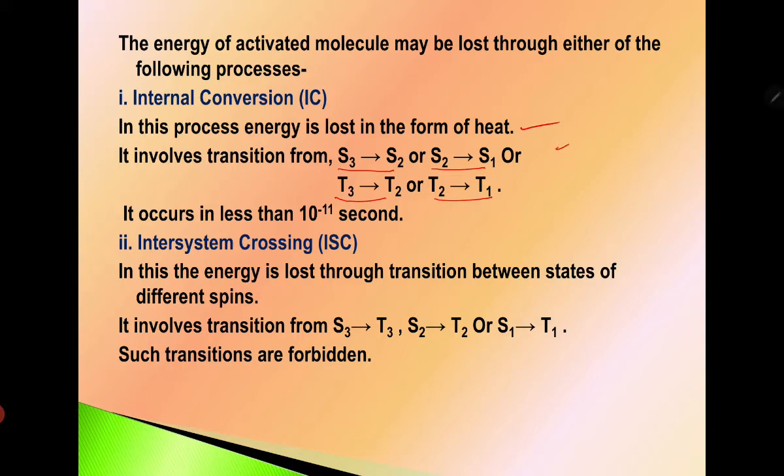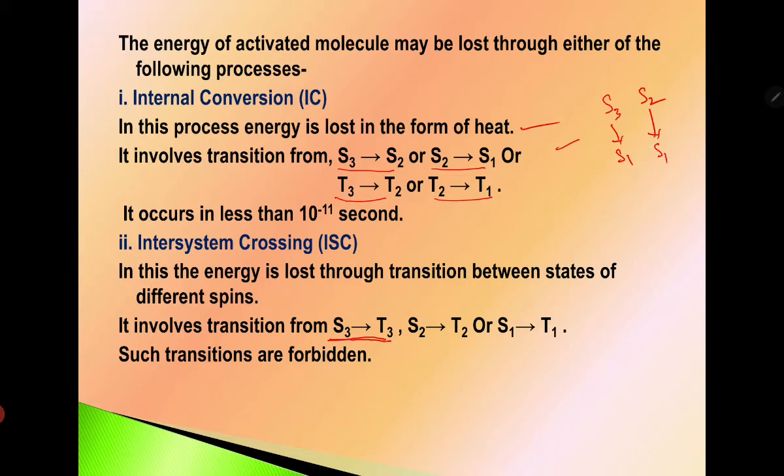See here, in internal conversion, from S3 to S1 or S2 to S1, de-excitation is taking place. But inter-system crossing means the singlet excited state is converted to a triplet state.